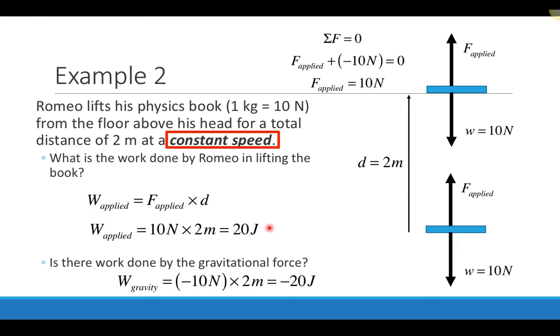So Romeo has to actually overcome that force of gravity, or at least apply as much force and do as much work to allow that book to move at a constant speed. So work can be positive or negative. Most of the examples that we're going to see, the work would be a positive value because the force is actually helping the object move.